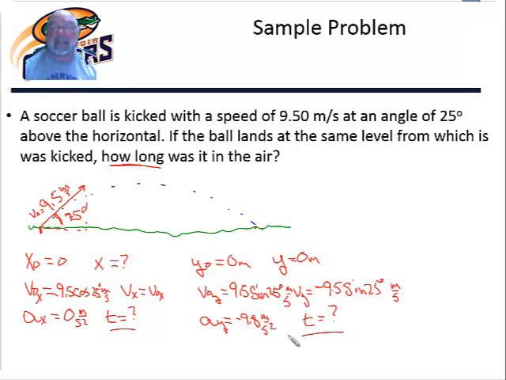Well, we have a lot of information in the y direction, all the information that we need to find the time. And since time is the only thing that we don't know, let's pick the simplest equation that we have for velocity and time, and that would be v is equal to v0 plus at, and I'm going to note the y directions.